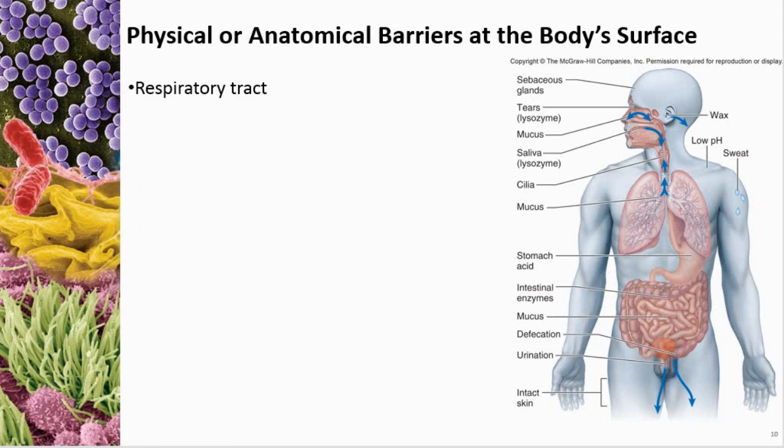So in the respiratory tract, these are also, remember, mucous membranes, but one thing we have in the respiratory tract that we don't have in like the genitourinary tract, in fact, the only places, oh, I'm getting ahead of myself.